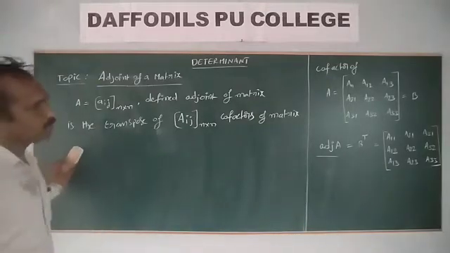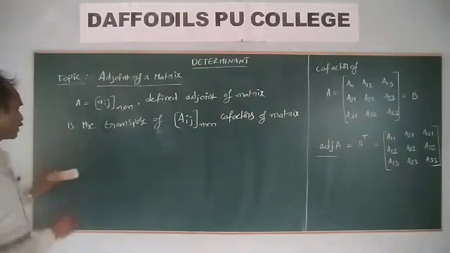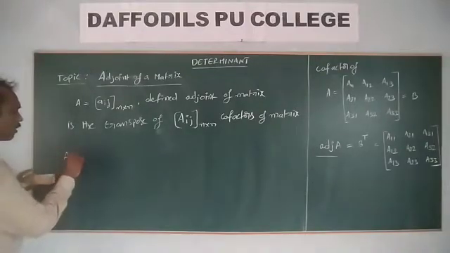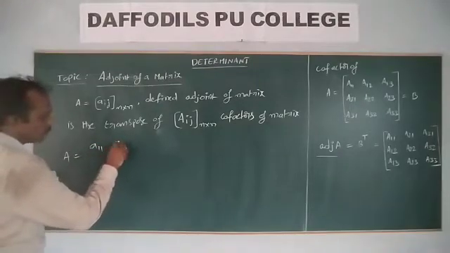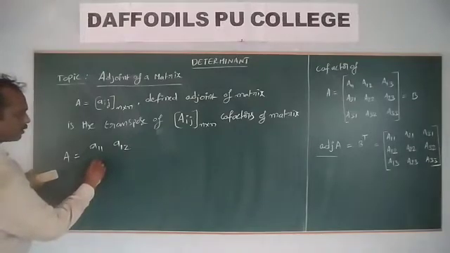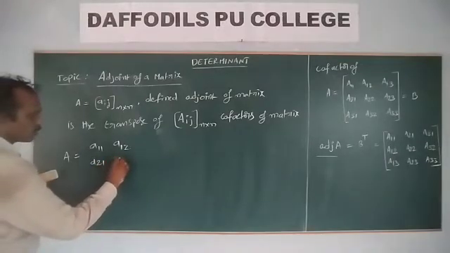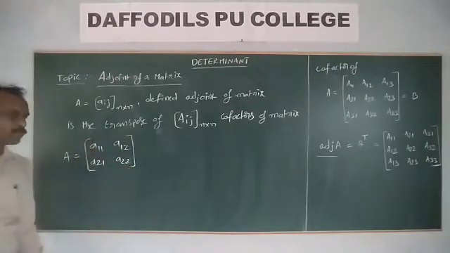We took a 3 by 3 matrix. Now we'll take a 2 by 2 matrix, A equal to A11, A12, A21, A22. This is a 2 by 2 matrix.